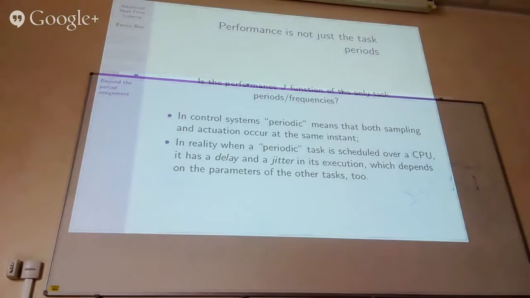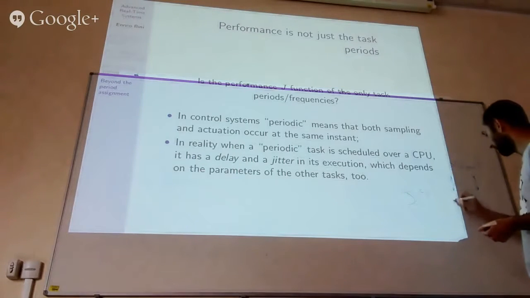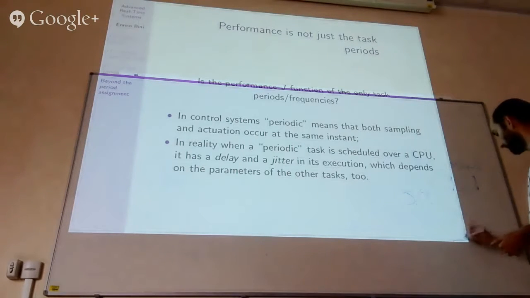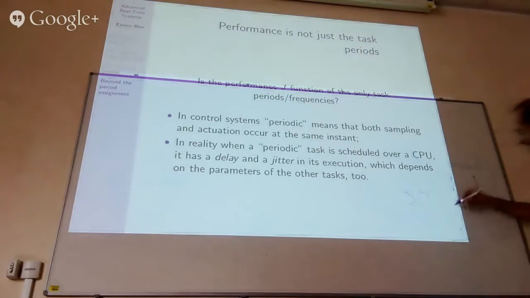This is not the case because the reality instead is that you have many tasks. Let's say you have activation here and completion here, so you have sensing and actuation here. This task instead has maybe even a preemption, so even the pattern is different.